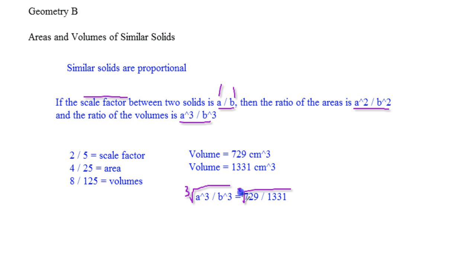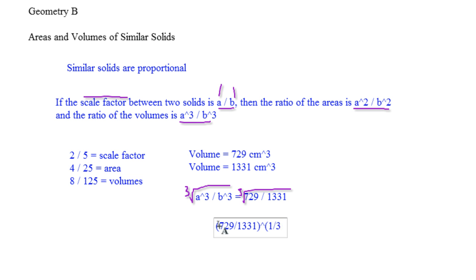Now, some of you might find that a little hard to do. So when you put it into Desmos, you're going to put 729 divided by 1331 and raise it to the 1/3 power, since I haven't found a cube root function yet.